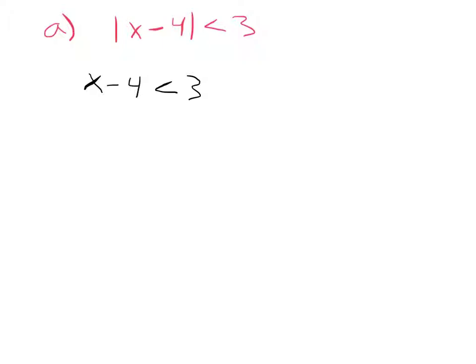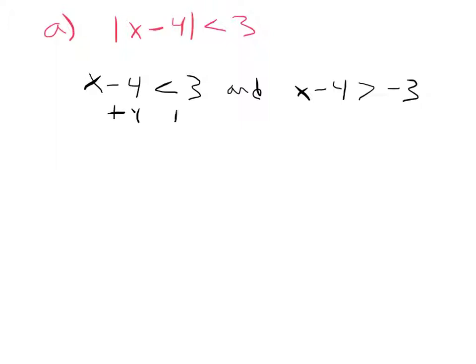You just copy it, and you put the word and. X minus 4, you flip the inequality, is greater than negative 3. Make that negative. You're going to solve both of these, and it's going to work out really nicely.